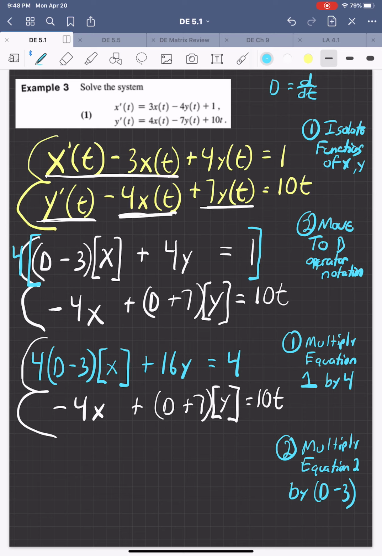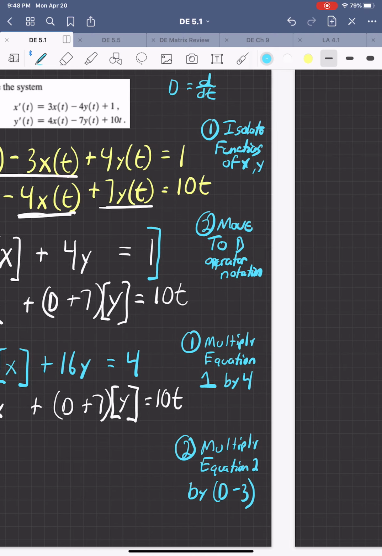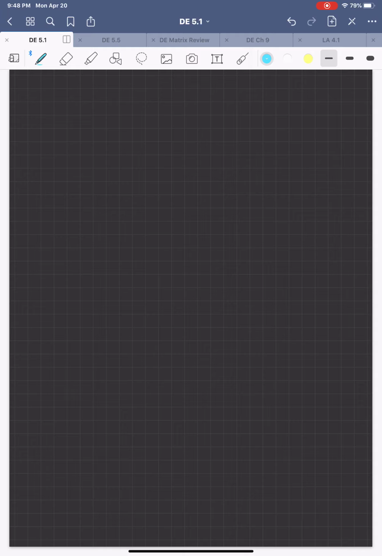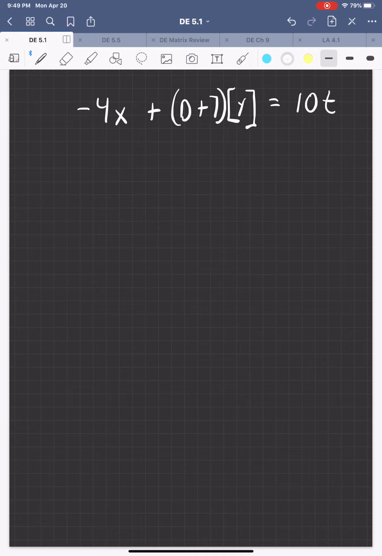So let me go ahead and go to my next page. And well, all I'm going to do is write the first equation. I'm sorry, the second equation, the one that we're about to operate on. So the second equation in that was negative 4x plus (D plus 7) operating on y, and that was equal to 10t.